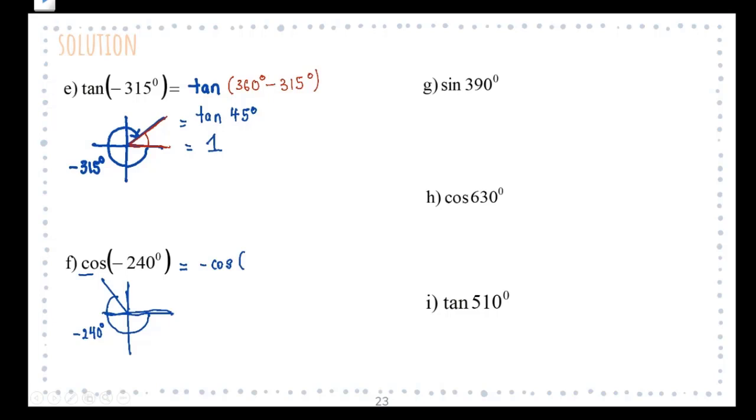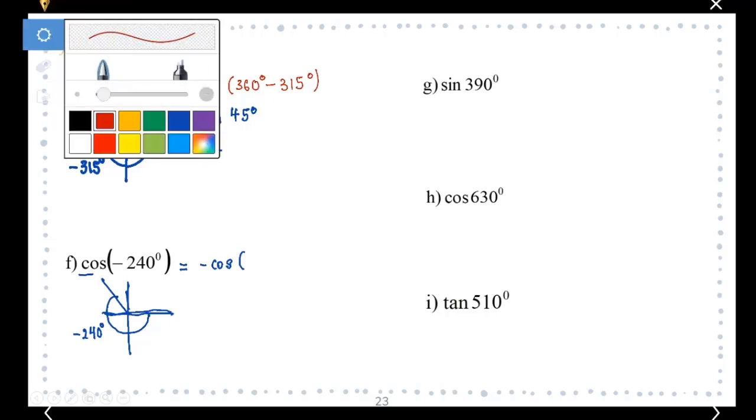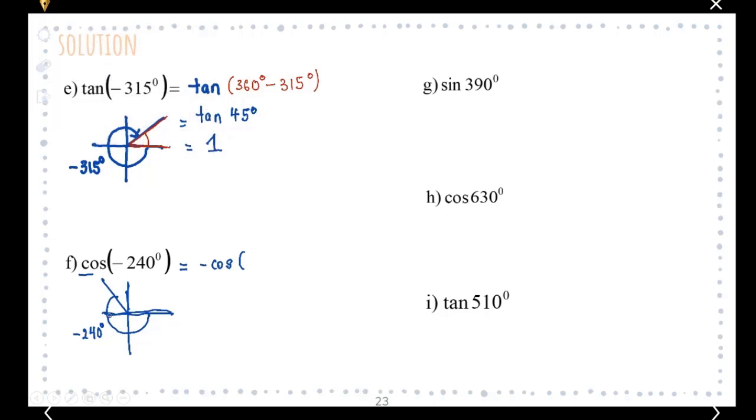Next we're going to find the reference angle. The reference angle is the acute angle from the x-axis to the terminal side, here in the second quadrant.